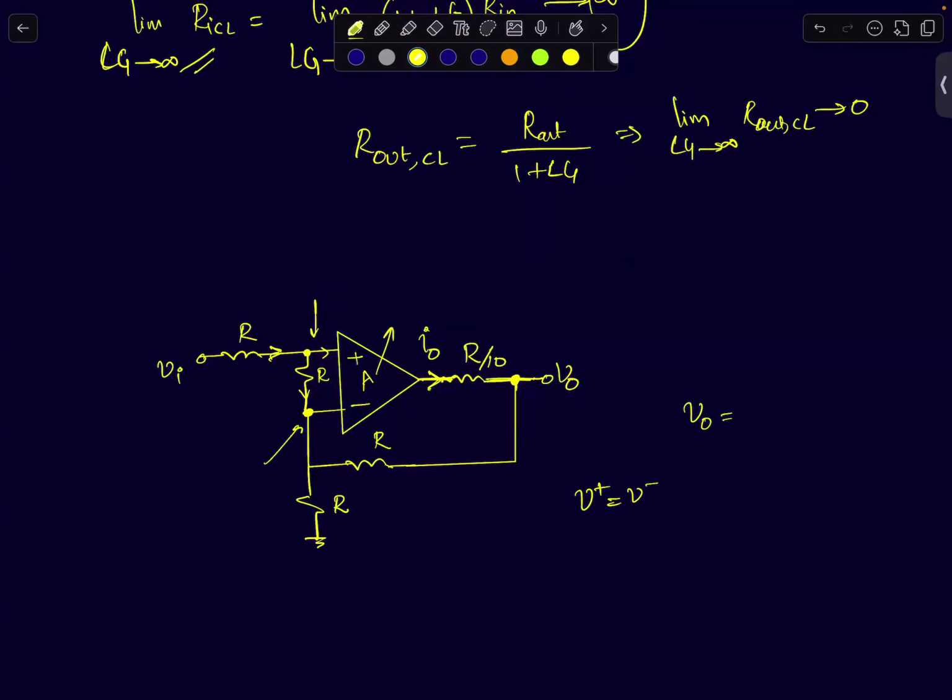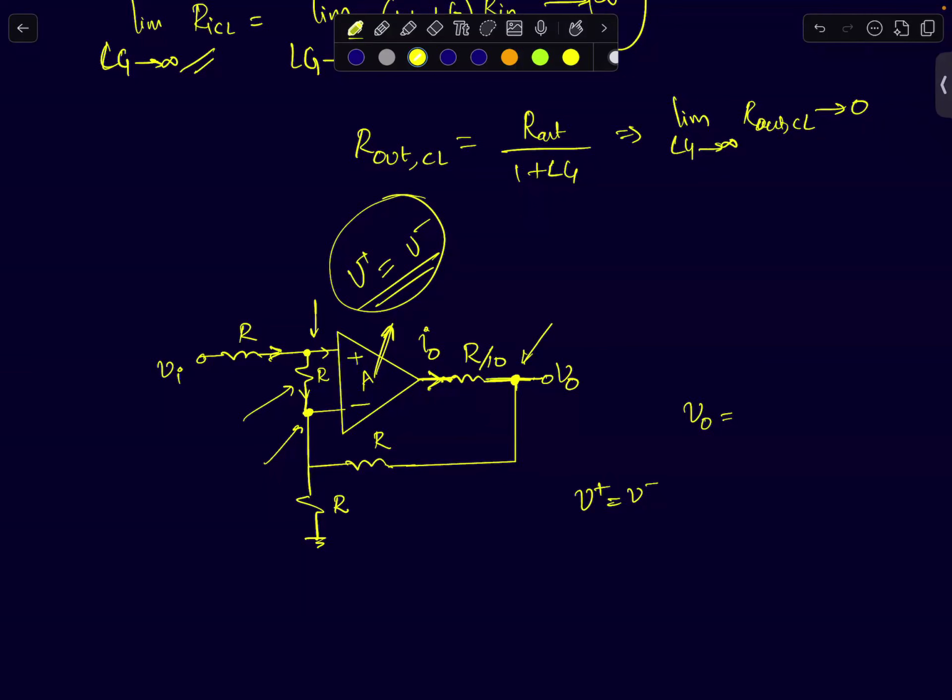If A is infinity, since the circuit is a negative feedback, we can assume that the output is going to be some finite value. If the output is finite and the open loop gain is infinity, then V plus has to become equal to V minus. It doesn't matter, even if you connect a resistor in between, this condition has to hold true. So the inverting and the non-inverting terminal voltages will follow each other.